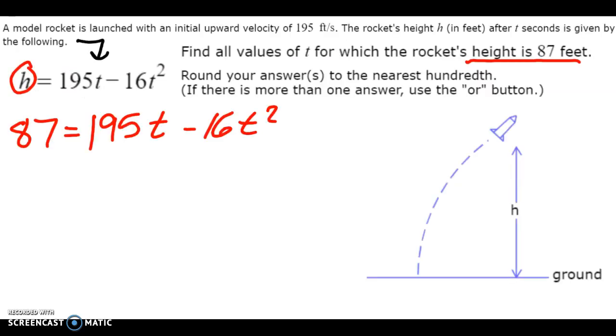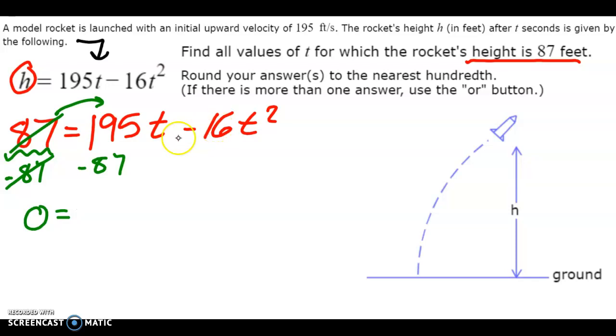So I'm going to do what we've normally done here. You have to get that 87 to be on the same side as everything else, so we're in standard form. I'm going to subtract 87 from both sides, so it cancels away from the side that I don't want it on. So I'm going to have 0 is equal to, and now I'm going to rearrange these numbers so that they're in standard form the way that we're used to looking at them. So this negative 16t squared has to come first.